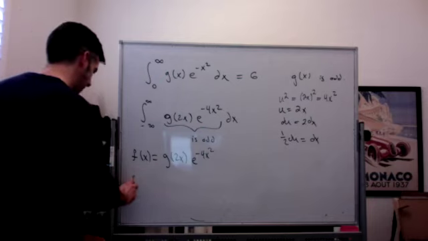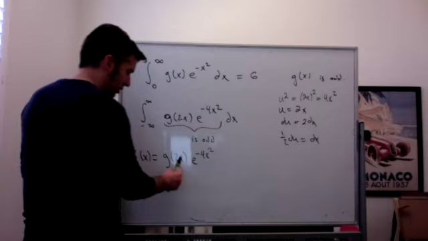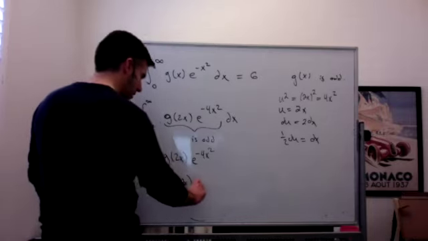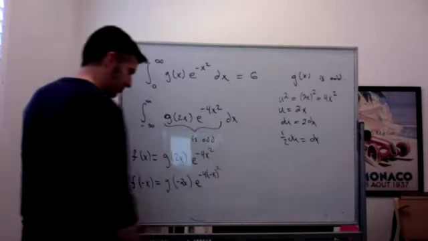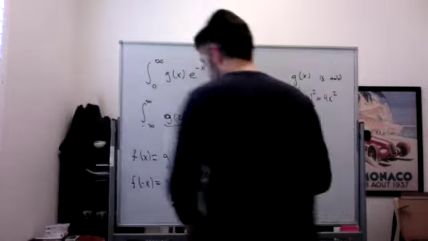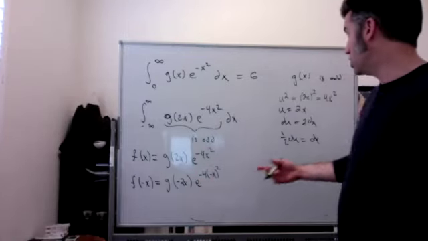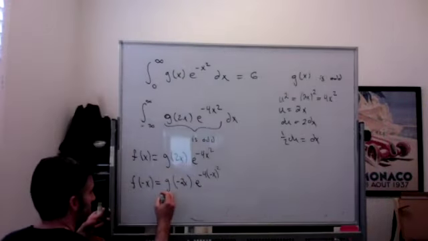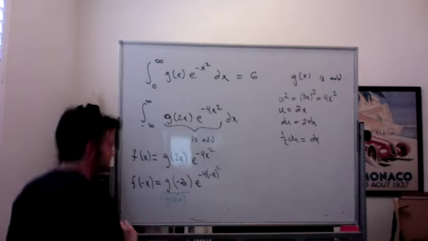So f of negative x is g of 2 times negative x, which is negative 2x, e to the negative 4 times negative x squared. But g itself is an odd function, so g of negative 2x is equal to negative g of 2x.